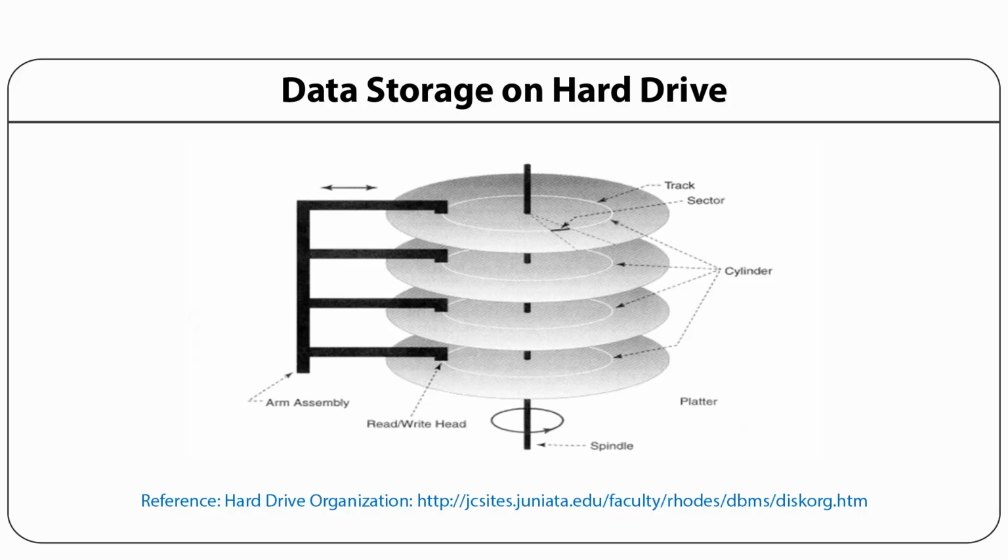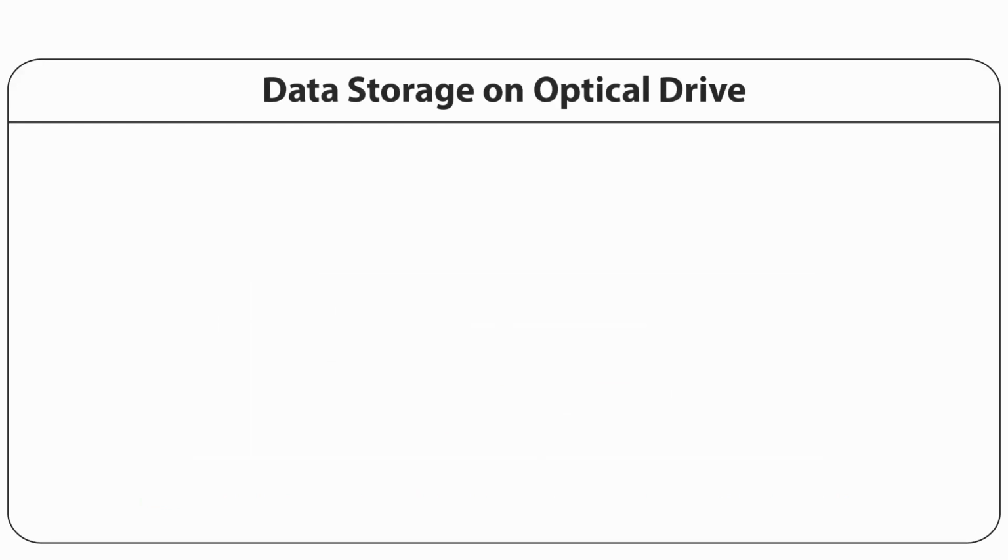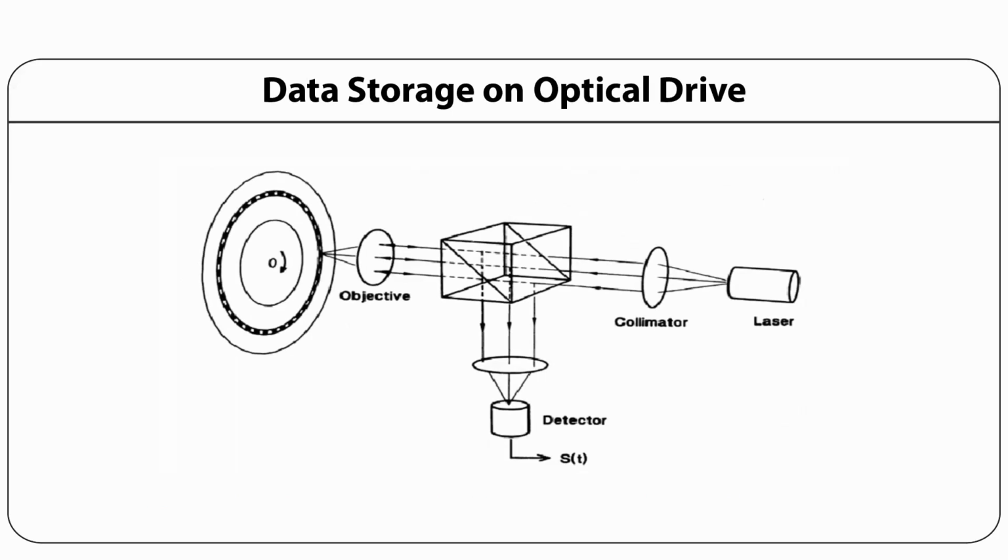Then each disk has one dedicated read and write head through which the data is written on the disk. So any data which has to be written on the disk has to be written through the dedicated read and write head.